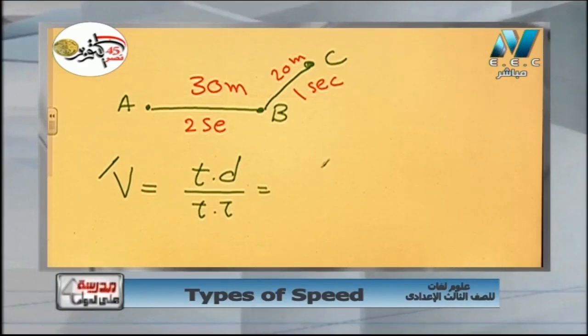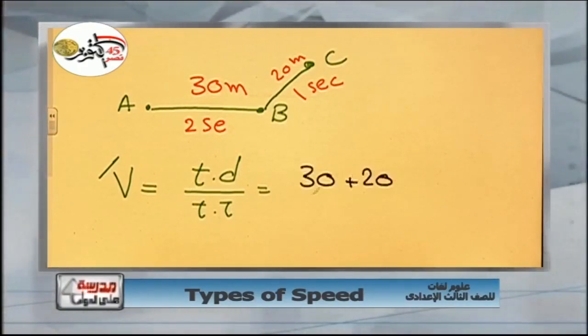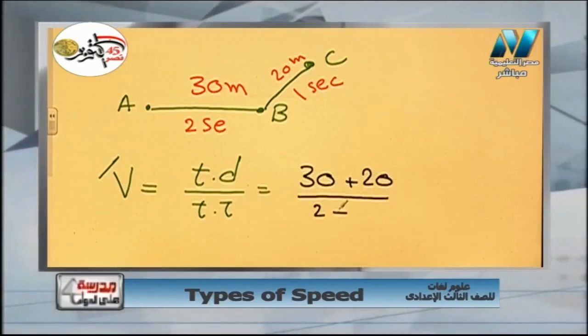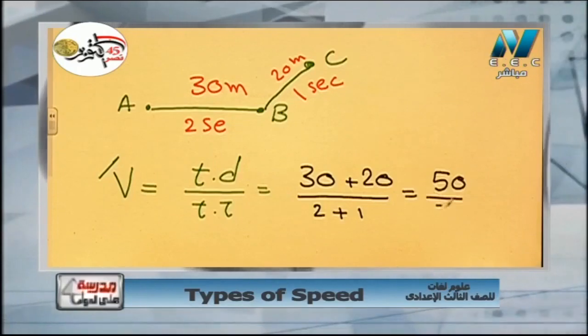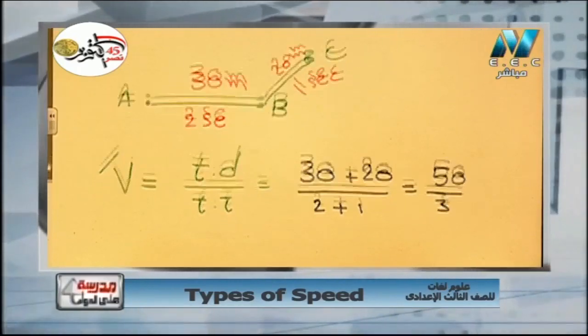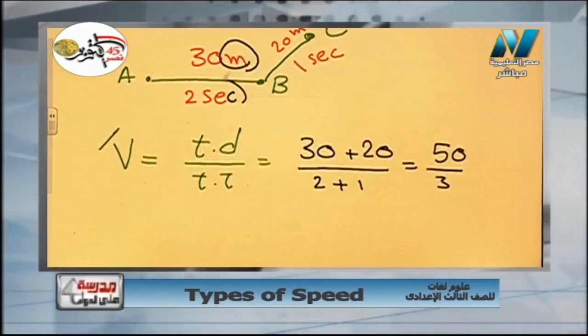So we have 30 plus 20 over 2 plus 1. So we have 50 over 3. In this case, the measuring unit of distance here is meter, and the measuring unit of time here is second.